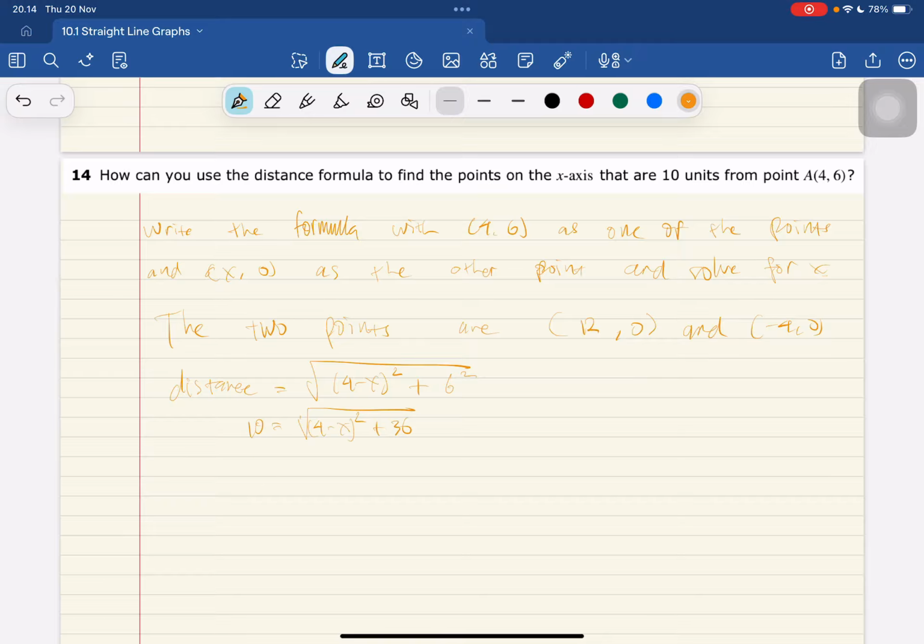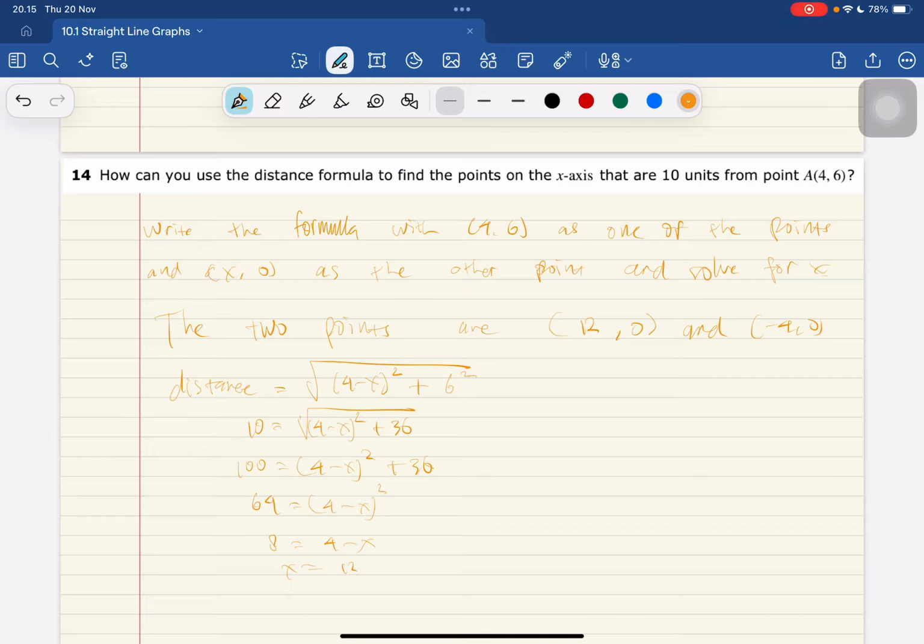Let us square both sides, so 100 equals (4 minus x) squared plus 36. Minus 36 is 64, equal to (4 minus x) squared. Taking the square root, it's going to be 8, equal to 4 minus x. So x equals 12.